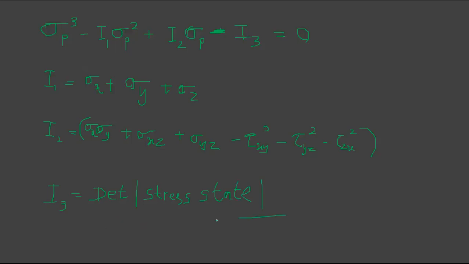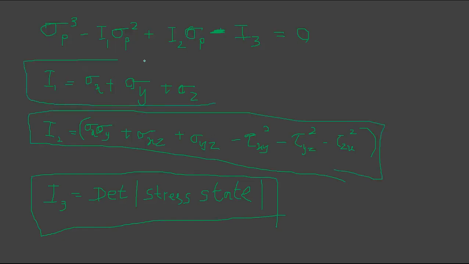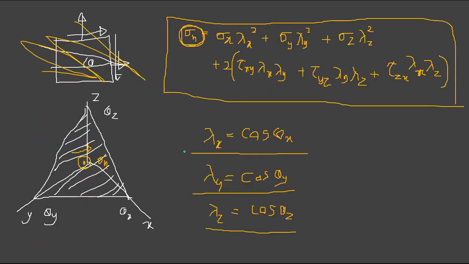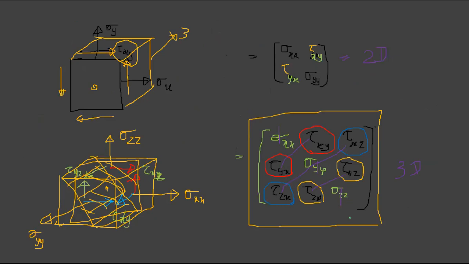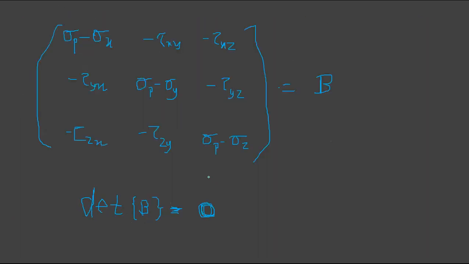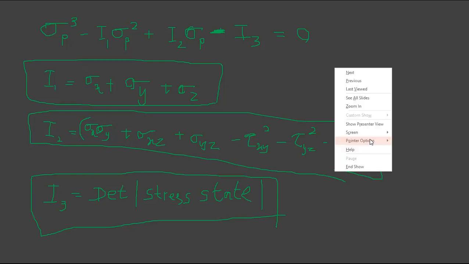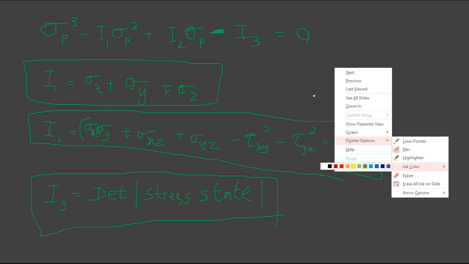So when you simplify it, for I3, it gives you the determinant of this same stress matrix that is given to you, right? Determinant. I3 is exactly the determinant of that matrix which is initially given to you. And say I2 is this, I3 is this. We call these stress invariants.